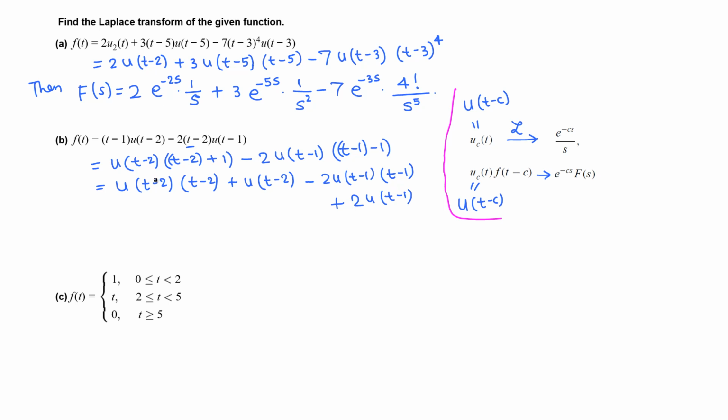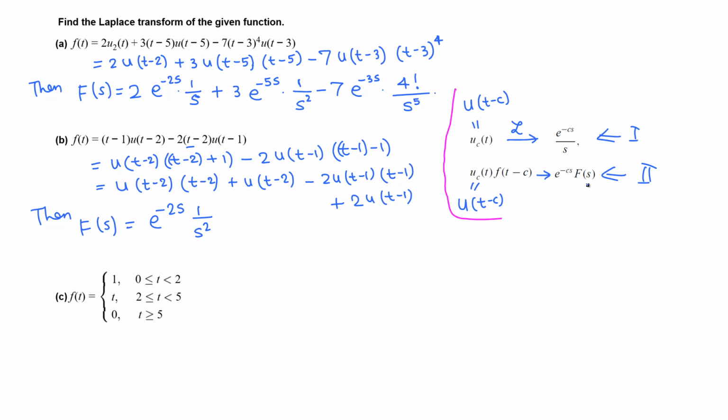Now let's find the Laplace using the formulas, first for the single unit step functions. Using the second formula here, the first u(t minus c) gives e to the negative cs, and now we ignore this negative 2 and we find the Laplace of t, which is 1 over s squared.